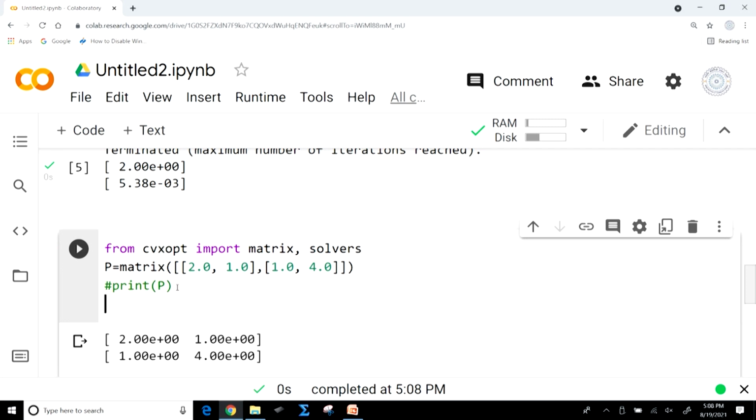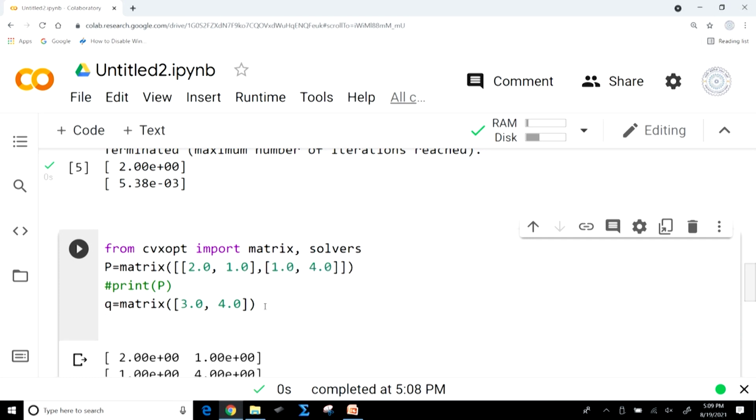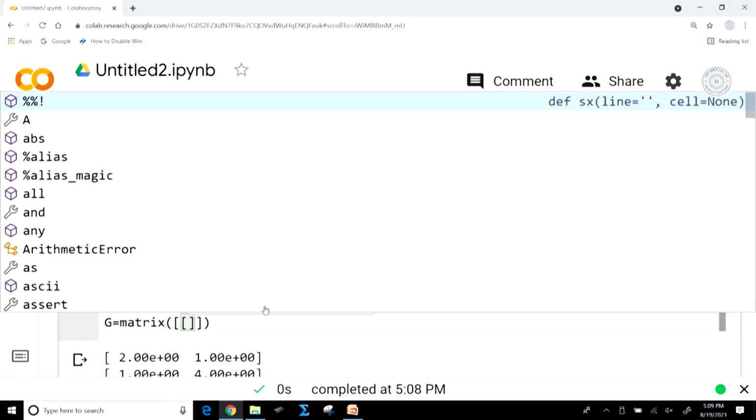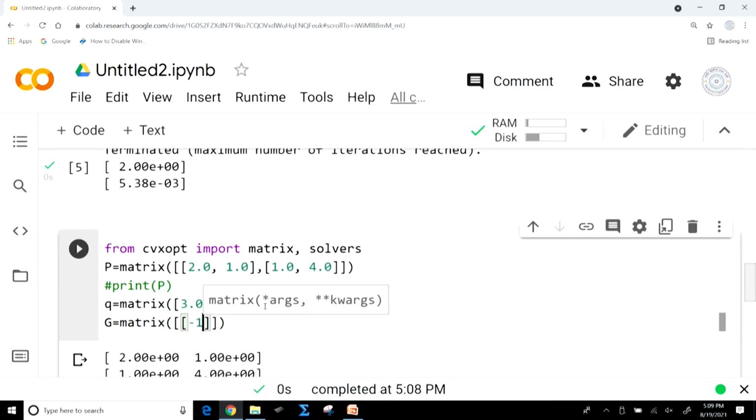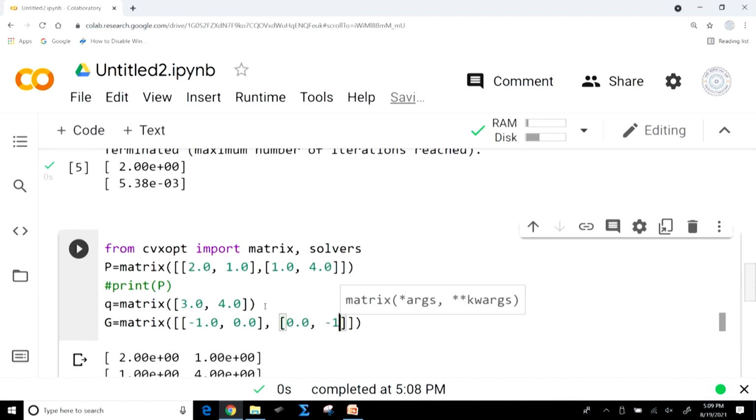Now you will similarly feed Q. Q is again a matrix: 3.0, 4.0. Then capital G is a matrix: minus 1.0, 0.0 and in the second one, 0.0, minus 1.0.